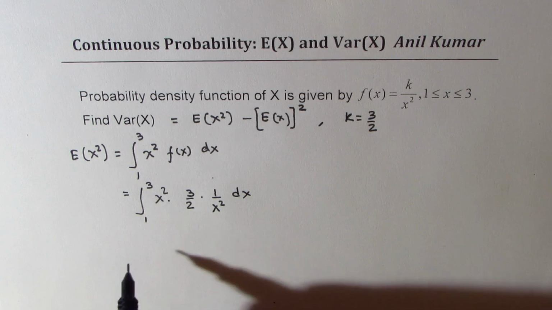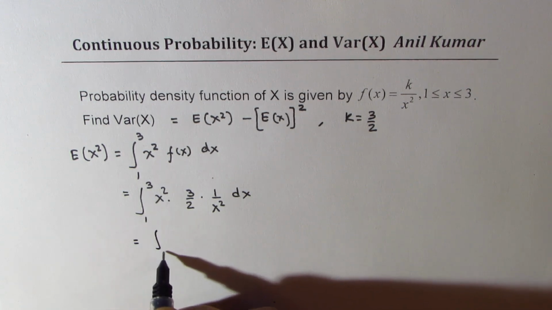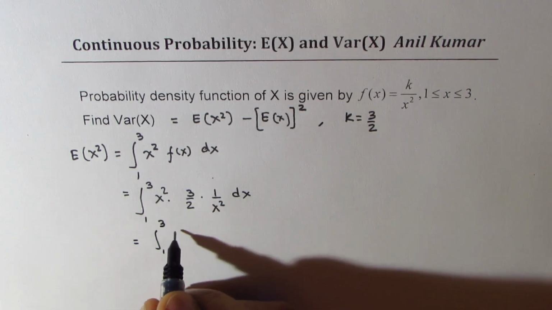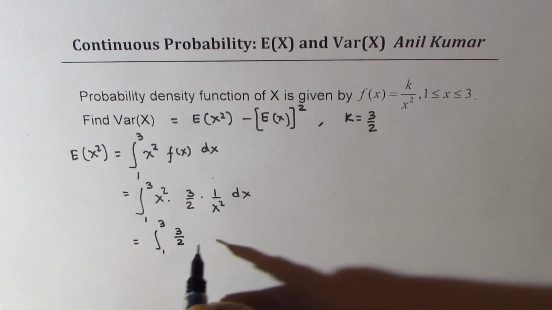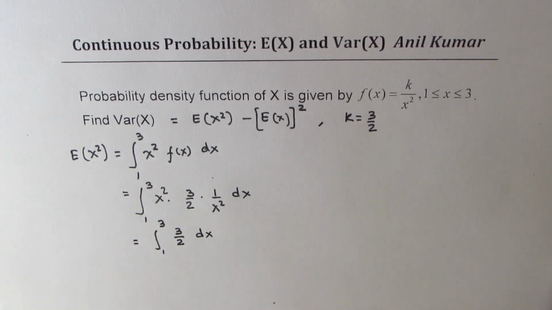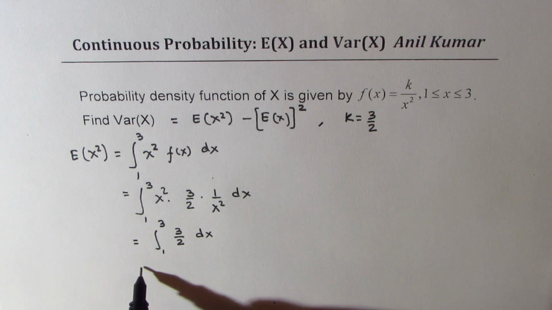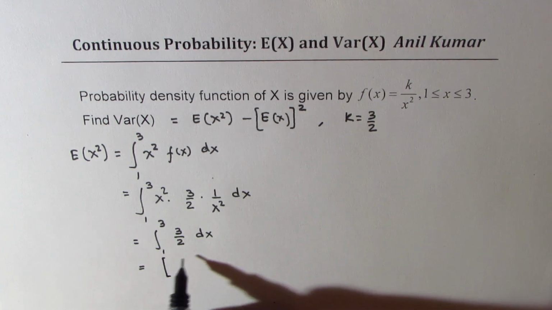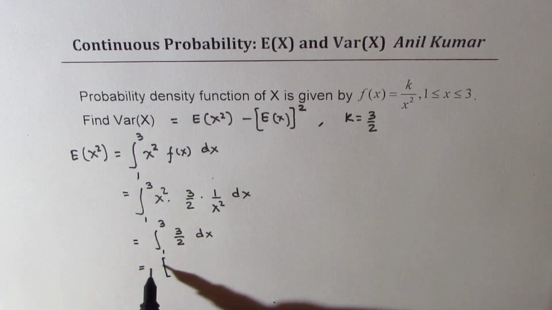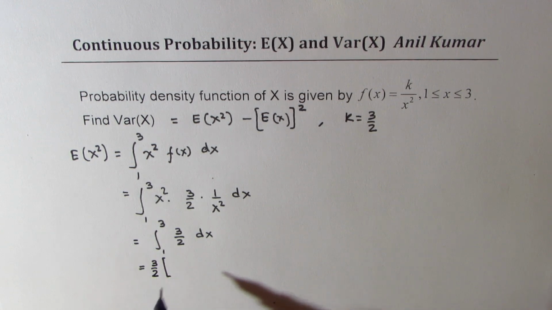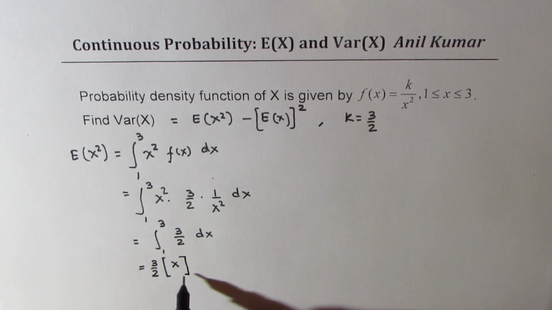Now x squared and 1 over x squared cancel, so we get 1 to 3 the constant function 3 over 2 dx, whose integral is equal to, 3 over 2 is constant, right? So we'll write 3 over 2 outside and the value x from 1 to 3.